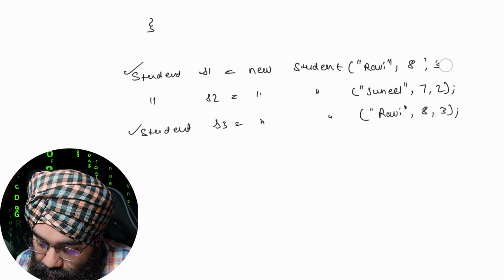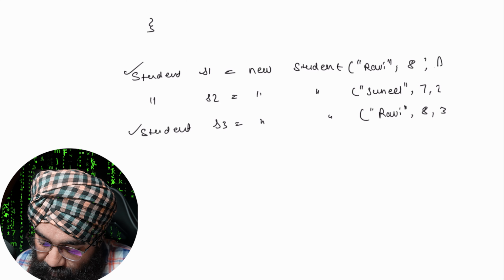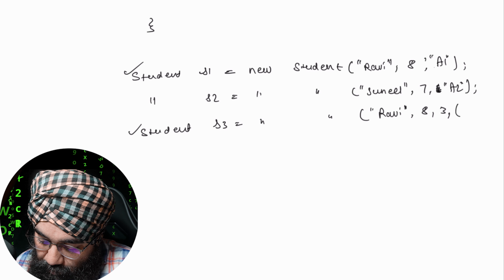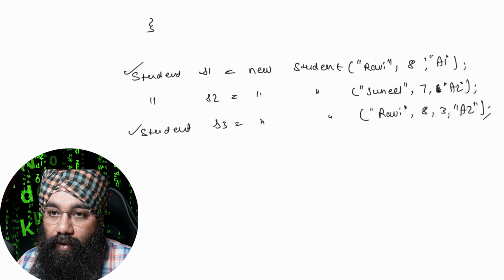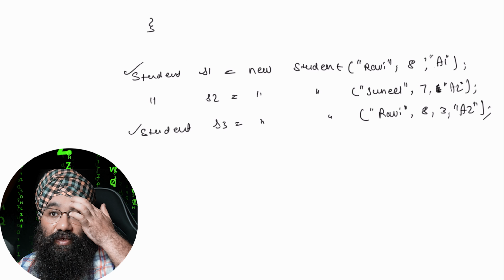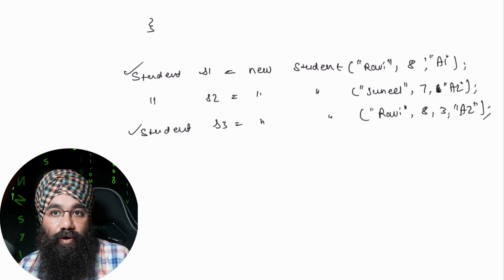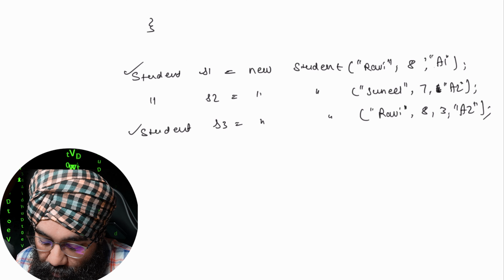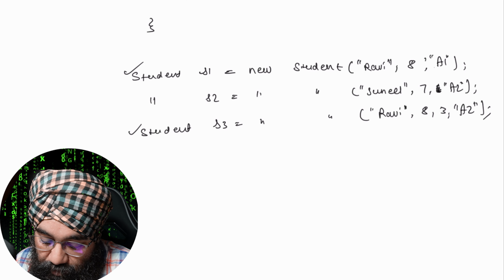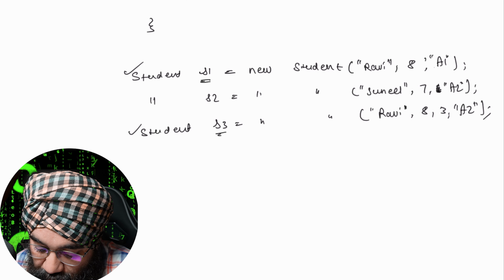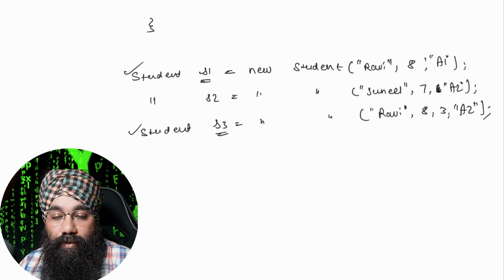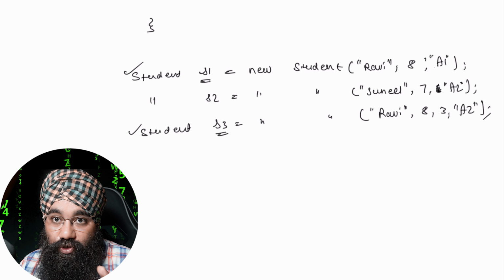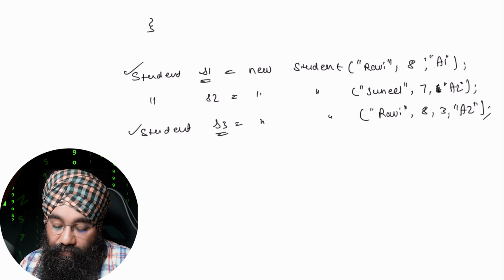So we can say A1 is the first roll number, A2, and again A2. Now all the students in a particular class will not have the same roll number. So if I want to differentiate whether s1 and s3 are the same child or different children, how can I differentiate?